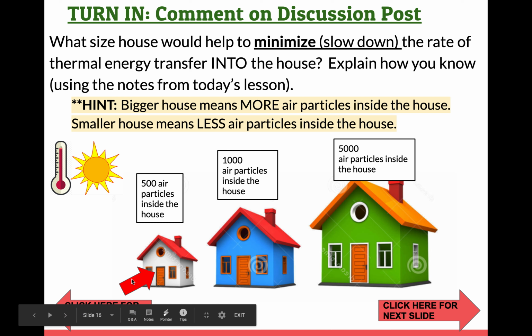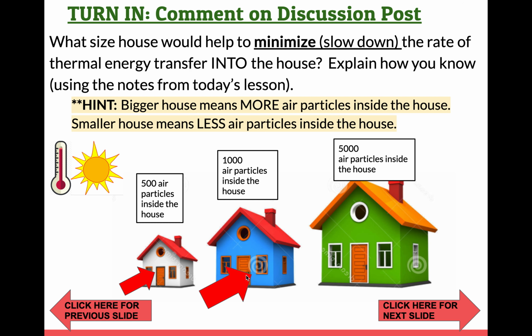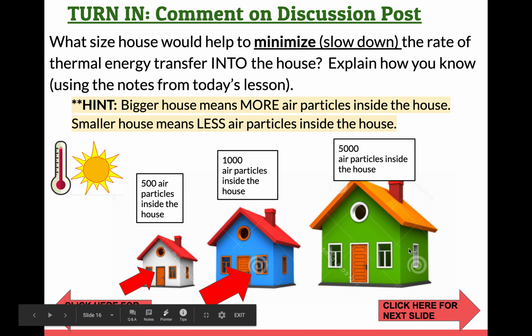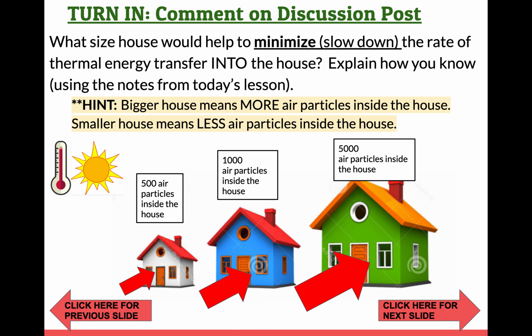Only a little bit of heat has to enter the house and your house will already start to be really hot. Now the medium-sized house, maybe a little bit more thermal energy needs to enter and you'll start to feel hot in the house. But for this larger house, so much thermal energy must enter before you feel like it's getting hot inside because there's so many particles in the house that each need to heat up.